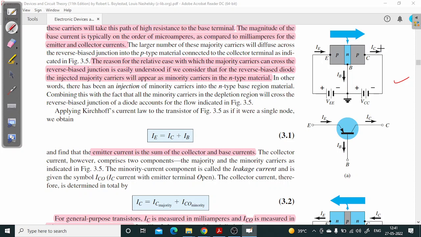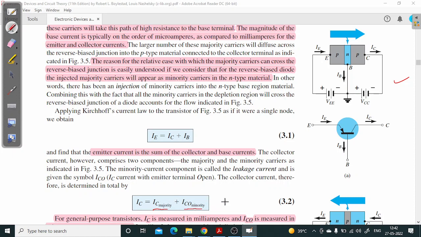If you remember, we had just discussed that it was because of majority and minority charge carriers. The majority charge carriers were coming from the emitter side, because this emitter base junction is forward biased, and the minority charge carriers were coming from this area itself, because this collector base junction is reverse biased. So this IC consists of two parts, IC majority plus ICO minority.